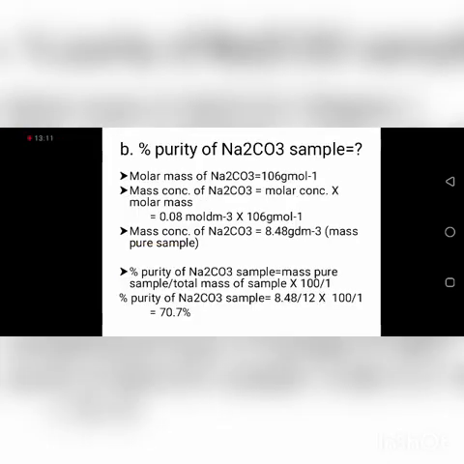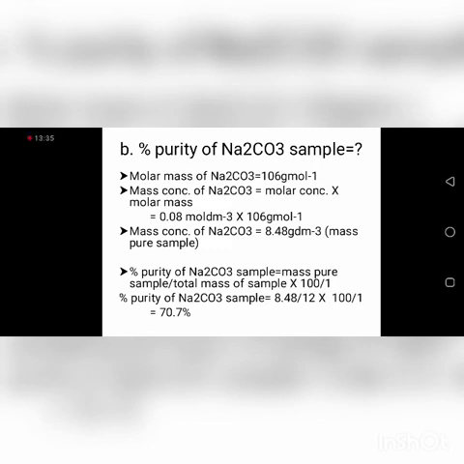So now the second question asks us that we calculate percentage purity of sodium carbonate sample. Now you are going to convert the molar concentration of sodium carbonate to its mass concentration, and we know that the molar mass of sodium carbonate has already been given to be 106.